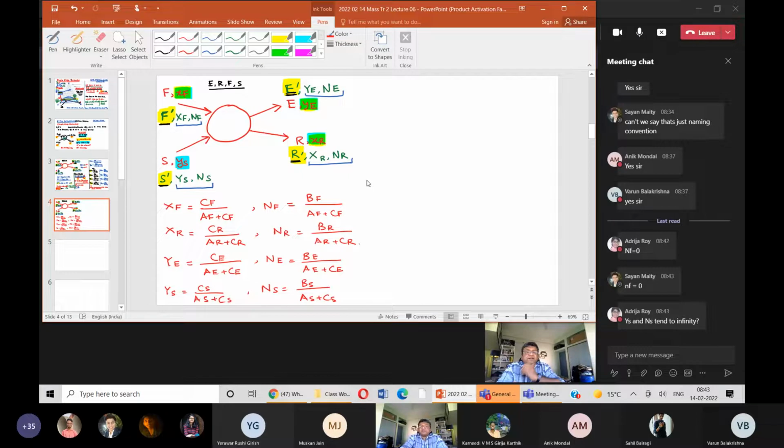Yeah, perfect. YS and NS turn out to be infinity. Why? Because what is the denominator out here for YS and NS? The denominator is actually, if you look carefully, NF, for example, is BF divided by F dash. This is going to be BR divided by R dash.